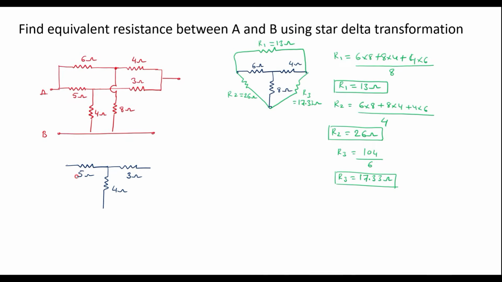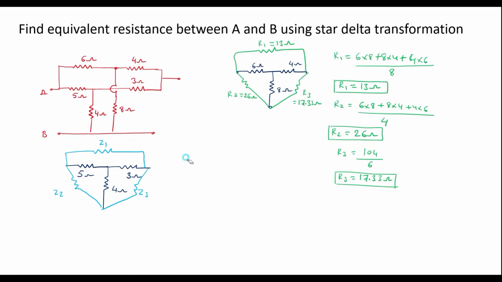If we convert this into delta, the equivalent delta connection will have one resistor here, one here and one here. Let's call these Z1, Z2 and Z3. We'll calculate the Z1, Z2 and Z3 values.